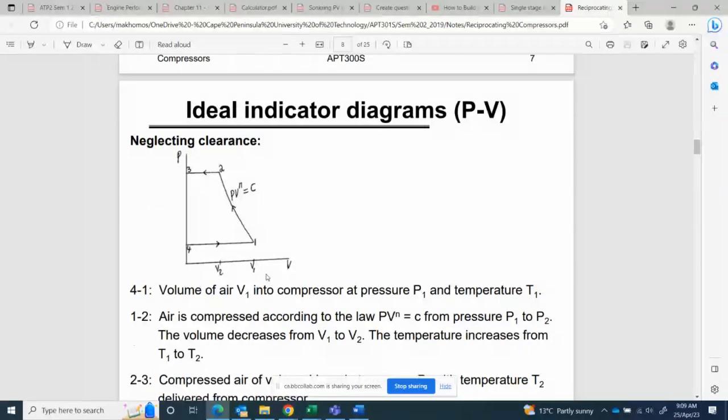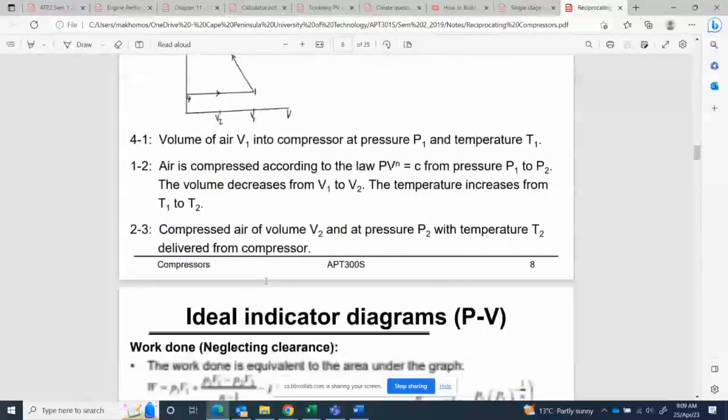I repeat, for a reciprocating compressor without clearance, we say that the volumetric efficiency of that particular compressor is 100%. That is what is happening with reciprocating compressors without a clearance.